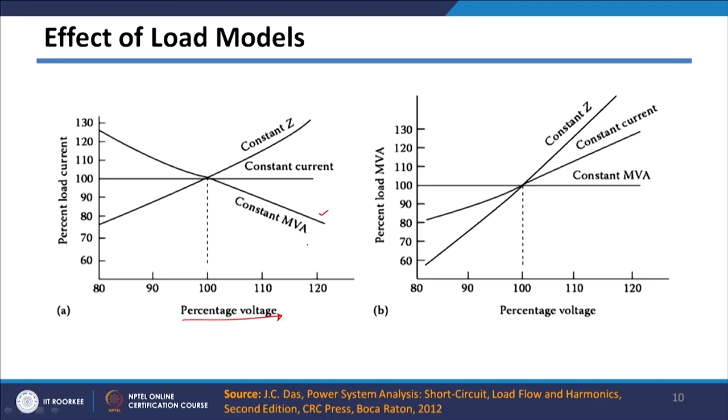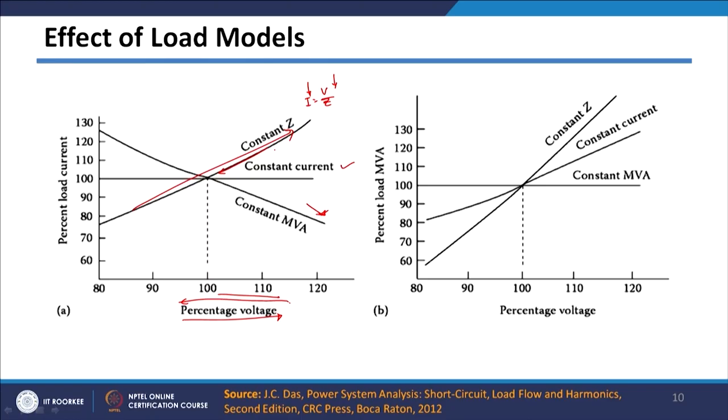In a constant current load, by characteristic the current will remain constant, and in case of an impedance load, current is just V divided by Z, and Z is constant. So when V is decreasing, I also will decrease, or when V is increasing, I also will increase.